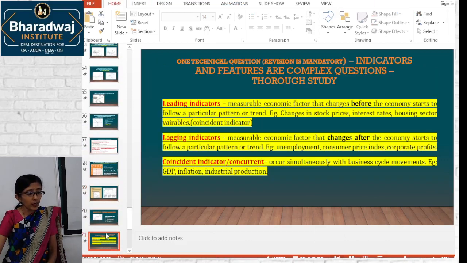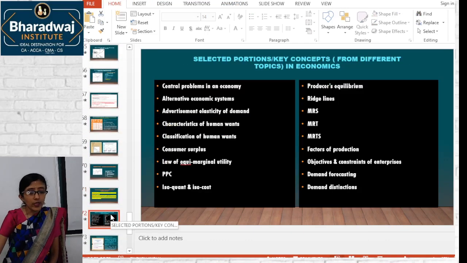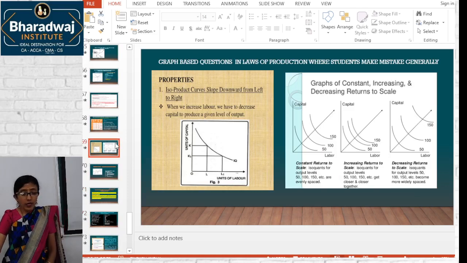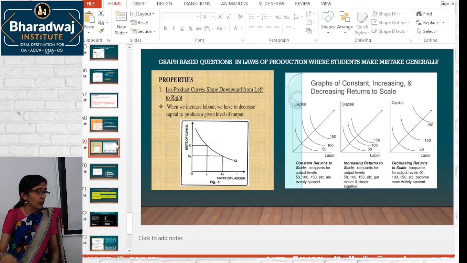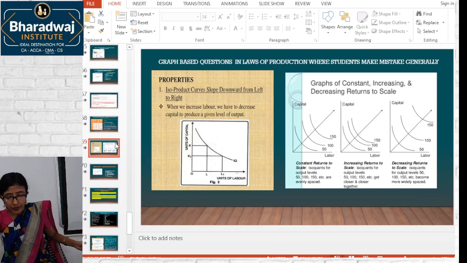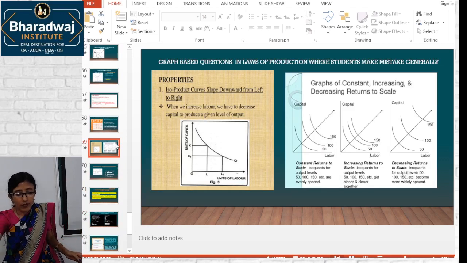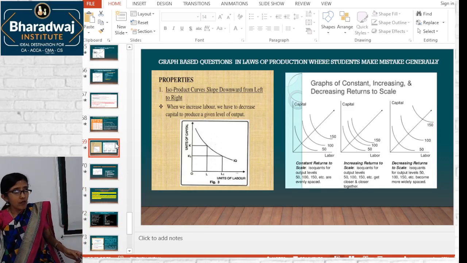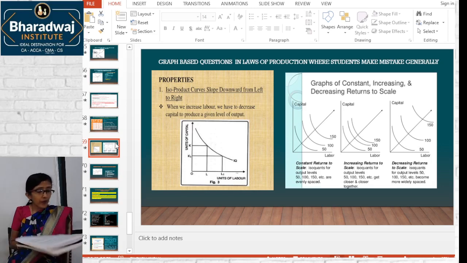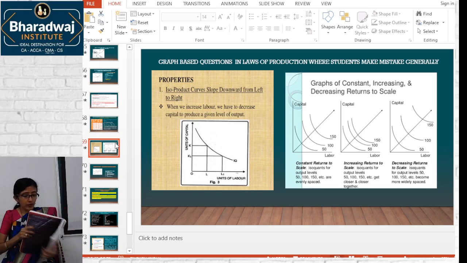Business cycle and selected portions are there, no? Okay. So what I'm going to do now is give you some tests in laws of production. Take down a few questions.